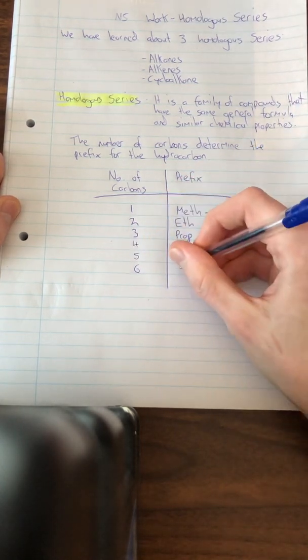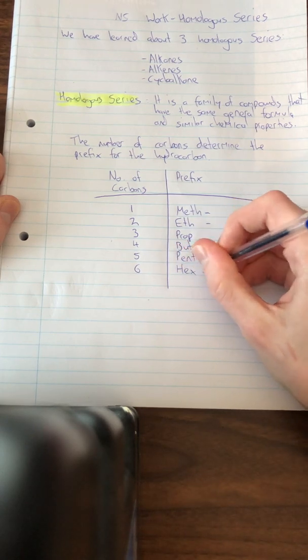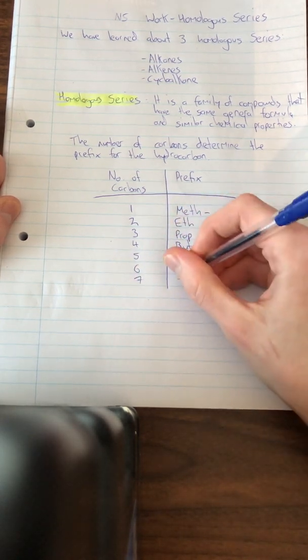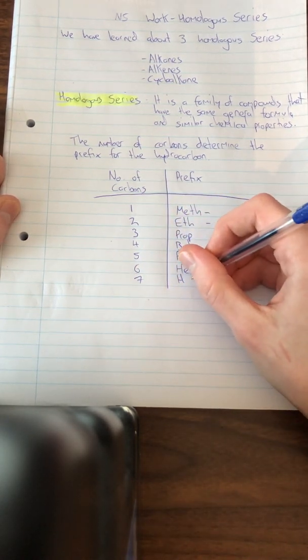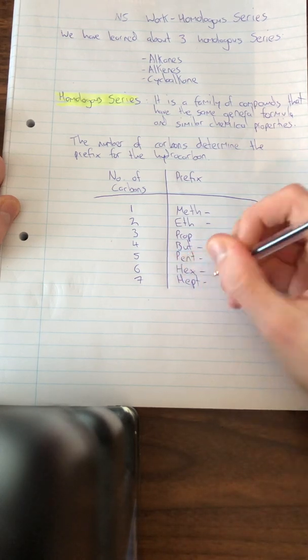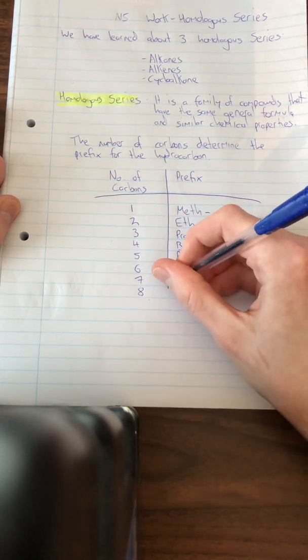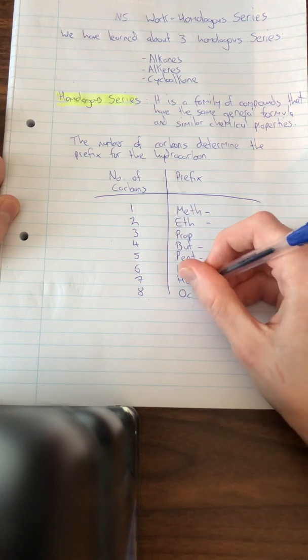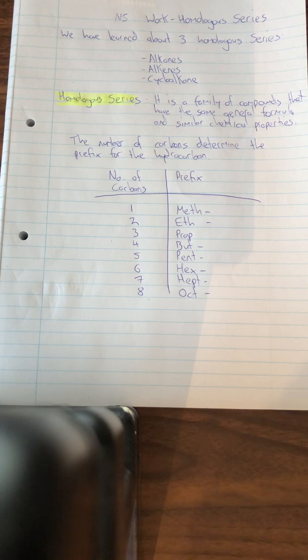If it's 6, it's hex. If it's 7, it's hept. And if it's 8, it is oct. Just like an octagon has 8 sides, a pentagon has 5 sides. So that's how we determine what the prefix is.